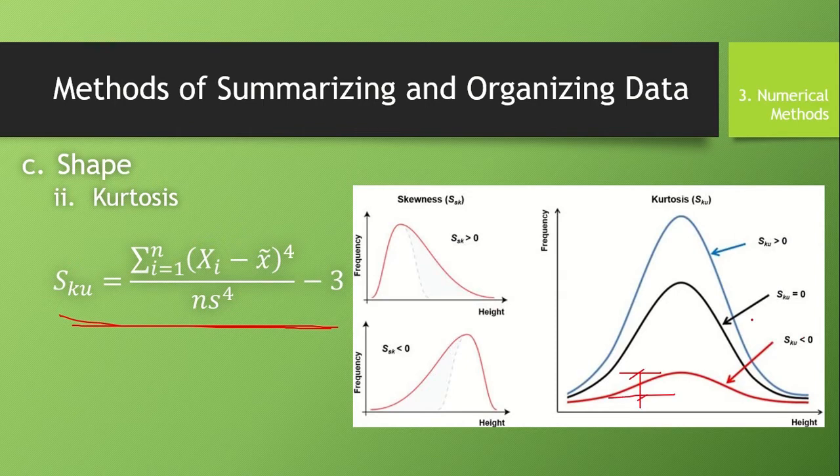When kurtosis is equal to 0, that's the ideal one. This is actually called the normal curve. Now if the height is greater than the normal curve, then you'll have kurtosis greater than 0.